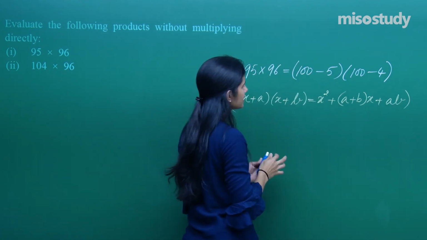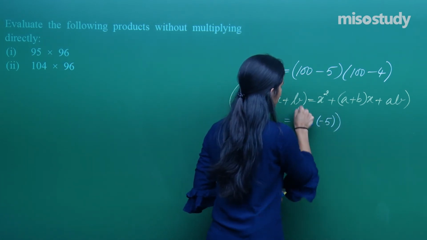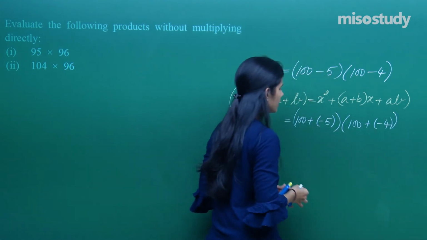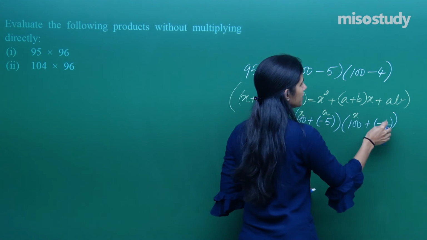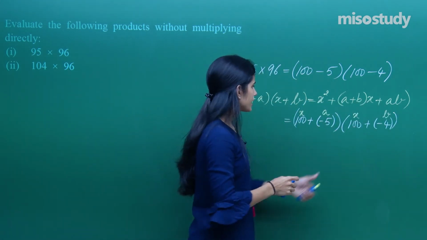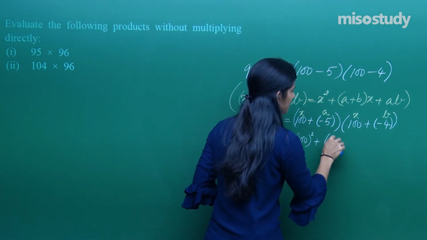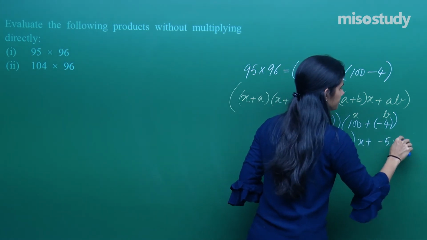So I can write this as 100 plus minus 5 into 100 plus minus 4. So now I have 100 as x, minus 5 is a, again 100 is x and minus 4 is b. So you have x plus a into x plus b, which is x square plus (a plus b)x plus ab.